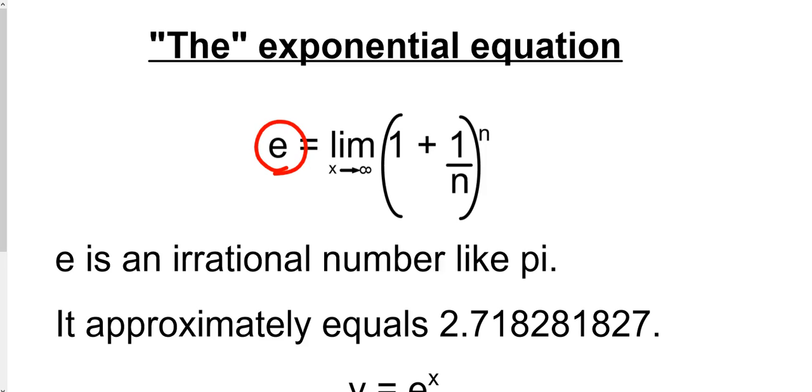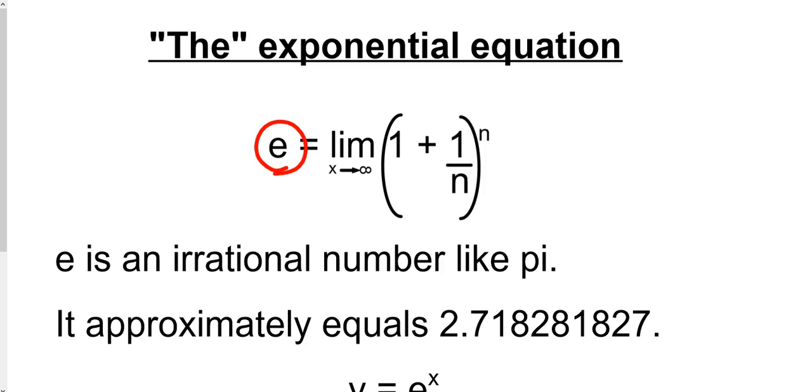So E is like that. And how we find E is you take a limit of this expression right here, 1 plus 1 over n to the n. Okay, limits and all that stuff, you're not going to have to worry about taking limits or anything like that. I'm just telling you what the number E comes from.